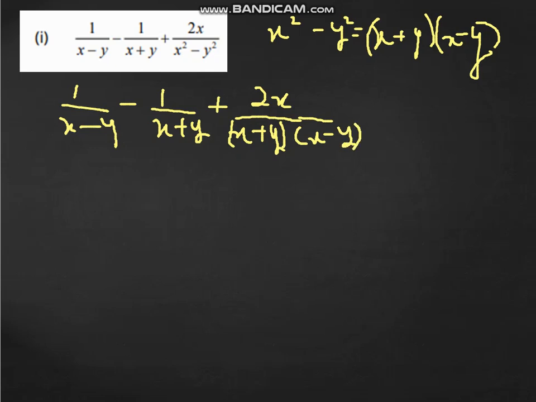Okay, so we'll just have to see out of the two terms that we have left in here, which term does not contain the other term. So the last term has all the necessary factors. The denominator will obviously become x plus y, x minus y.